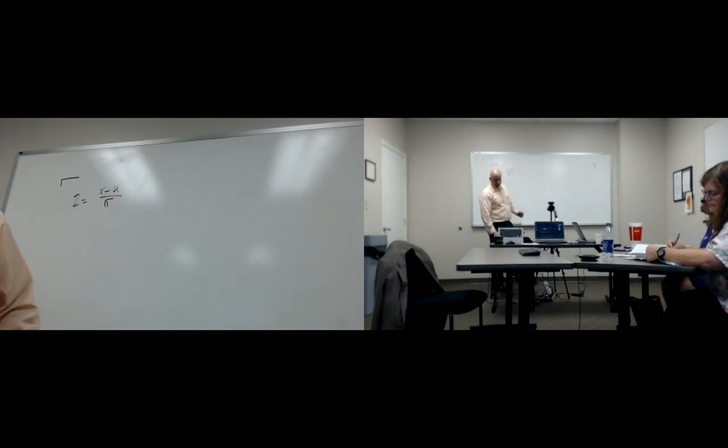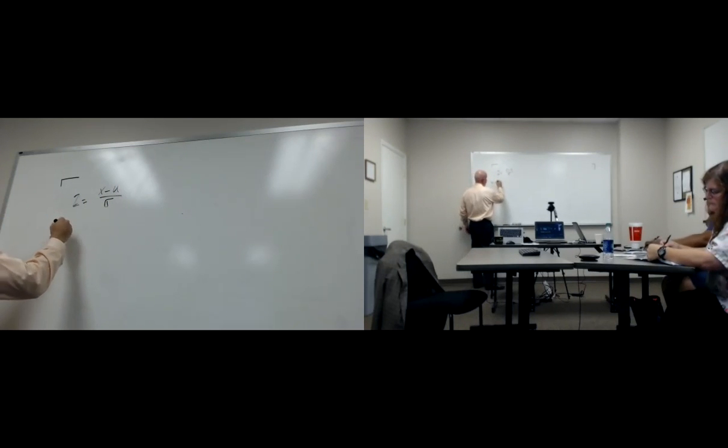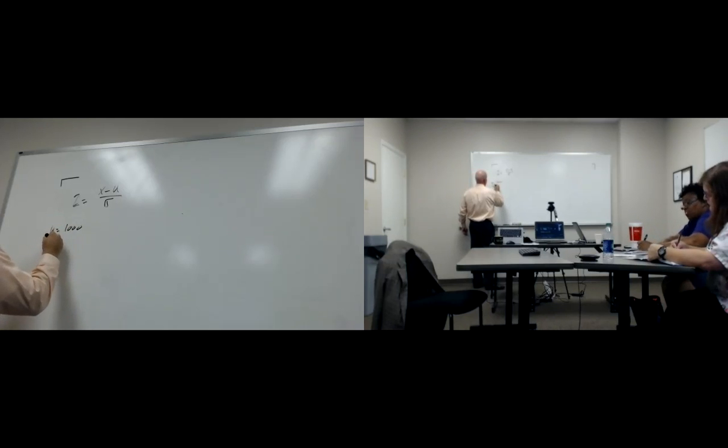So, weekly incomes of shift foremen in the glass industry follow a normal probability distribution with a mean of 1,000 and a standard deviation of 100. So we know that the mean is 1,000 and the standard deviation is 100.